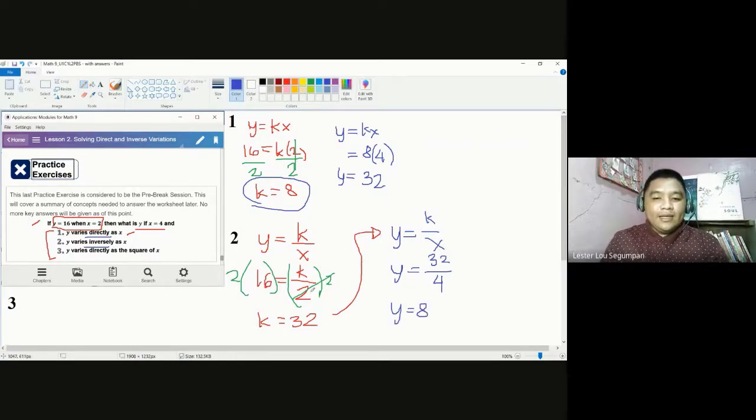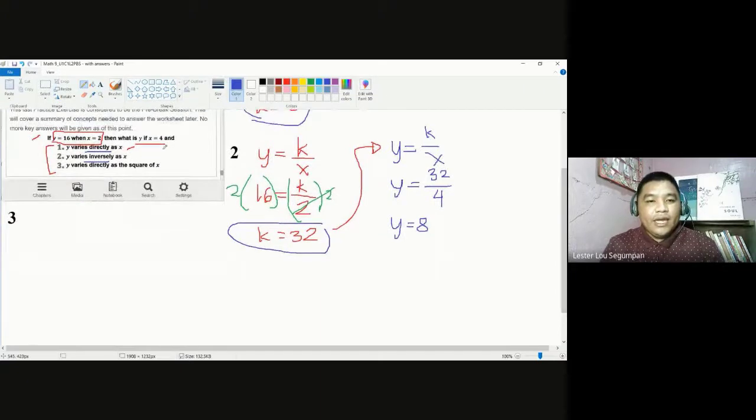Since the values for k are not the same for 1 and 2, that is also true when we go to number 3. Number 3 is concerned with direct square variation. The mathematical equation for direct square variation is y is equal to kx squared.